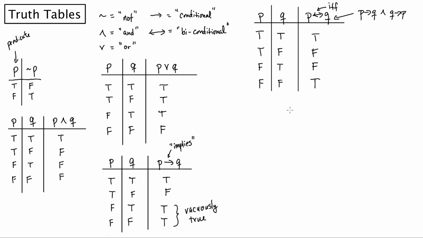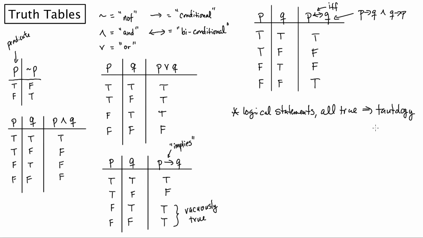A couple other little pieces of terminology that we need to know. Some logical statements in which all have true values are called tautologies. So if you have a logical statement in which every truth value is true, then that statement is a tautology.